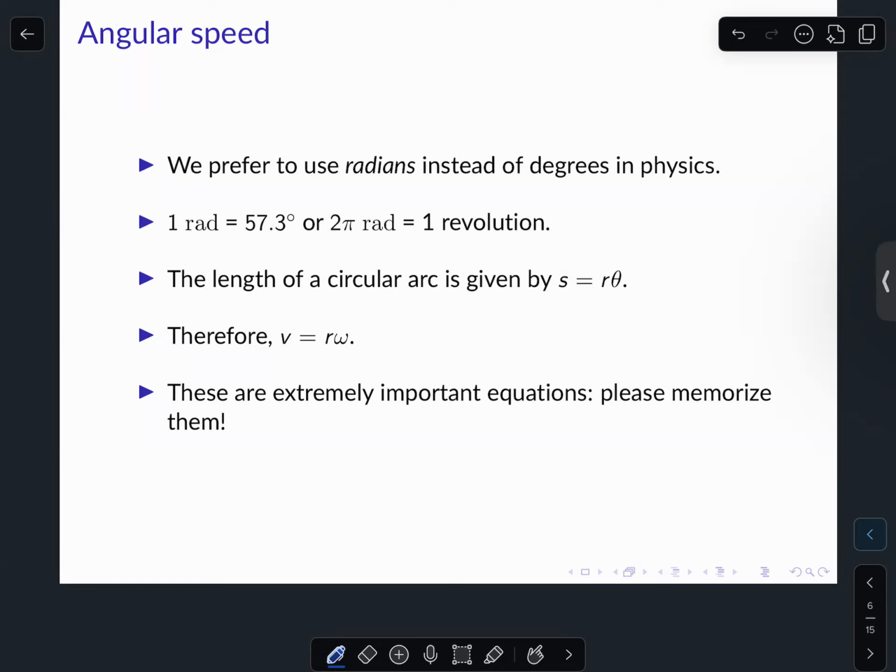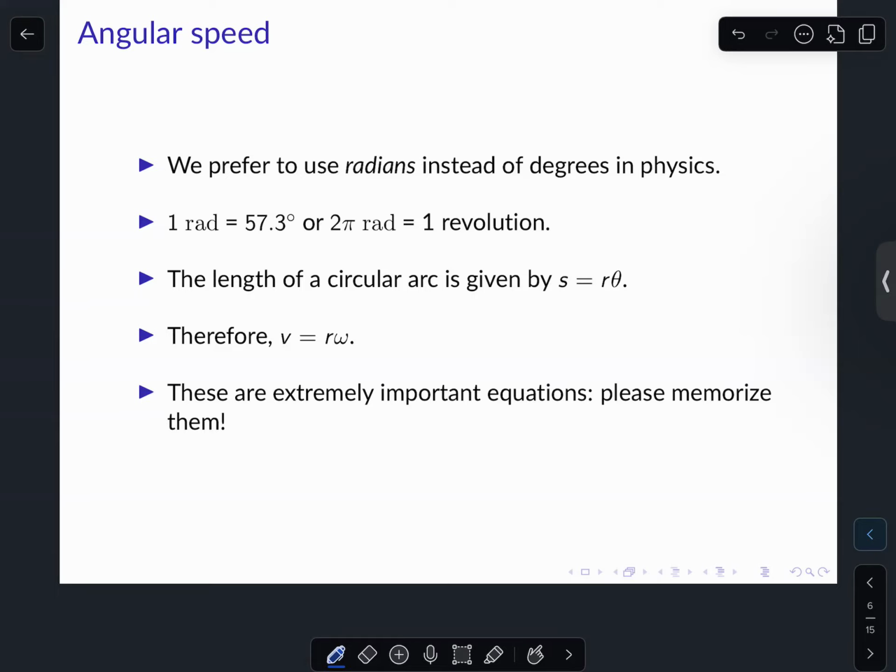2 pi radians is 1 complete revolution or circle or cycle, that's another important thing to know. 2 pi radians is 1 full, like 360 degrees is 1 full. Hopefully you know 360 degrees is a full circle. Well, here's just another way of measuring angle. Okay, now there is a new formula I wish to give you, which actually is an old formula in disguise.